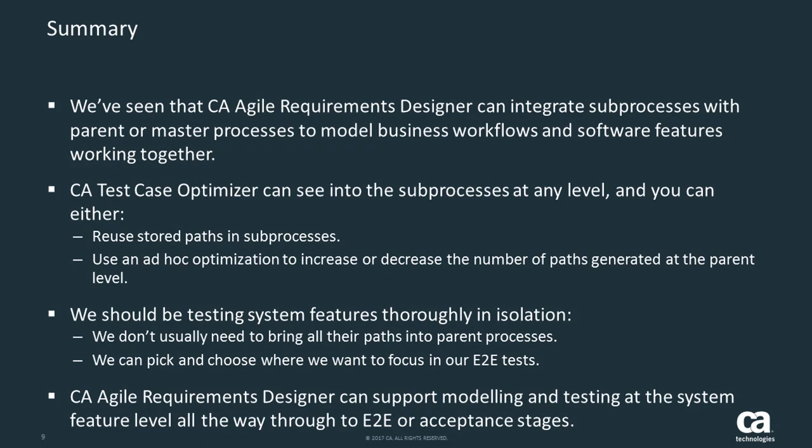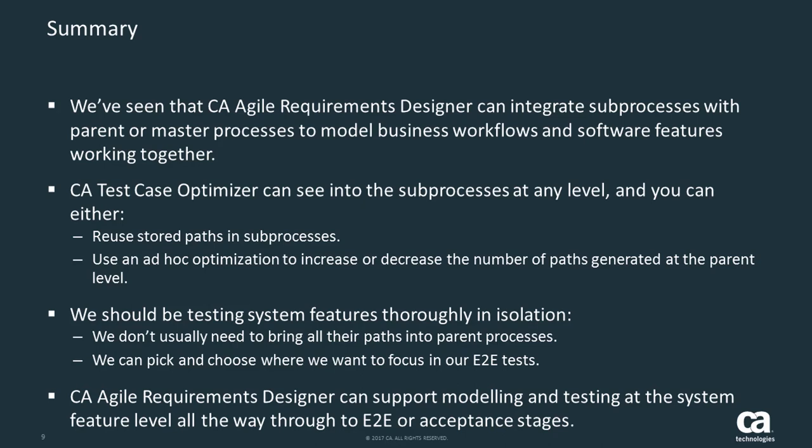So we've seen that ARD can integrate subprocesses with parent or master processes to model business workflows and software features all working together. Now the optimizer can see into the subprocesses at any level, and you can either reuse stored paths in the subprocesses or use an ad hoc optimization. And in this way you can increase or decrease and tune the number of paths generated at the parent level.